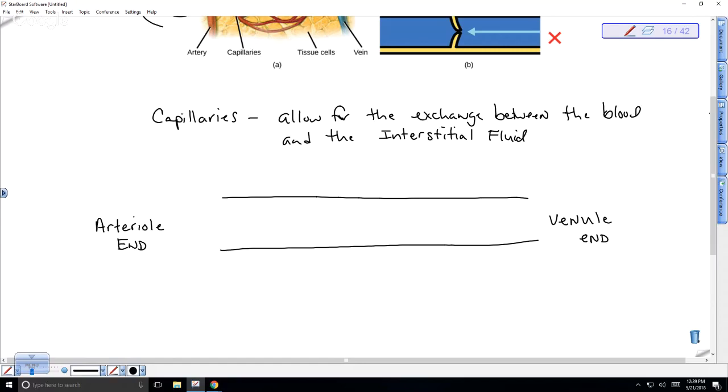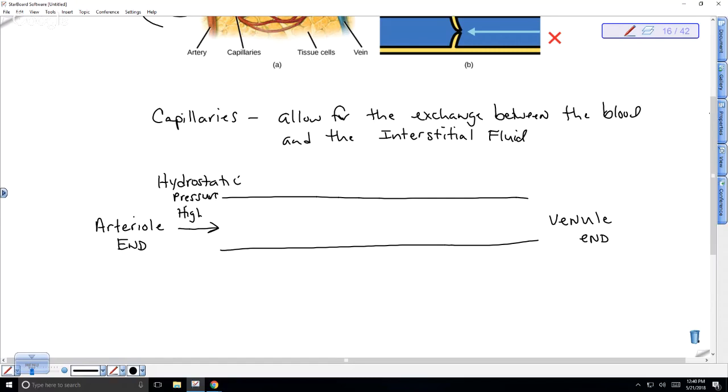So blood coming in at the arteriole side is under high pressure. So we call this hydrostatic pressure. High, right? So the capillaries are very leaky. And so if the blood is coming through at a high enough pressure, it will cause things to leave the capillary.